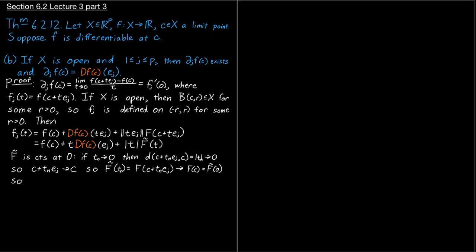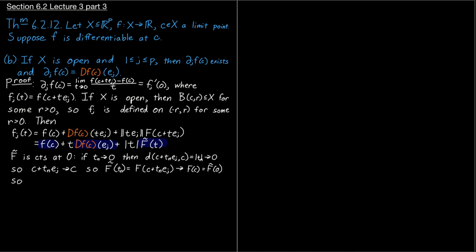So we've got a constant f of c. We've got t times a constant df of c of ej, and then we've got t, or its absolute value, doesn't matter too much which, times a function that's continuous at 0 and equals 0 at 0.